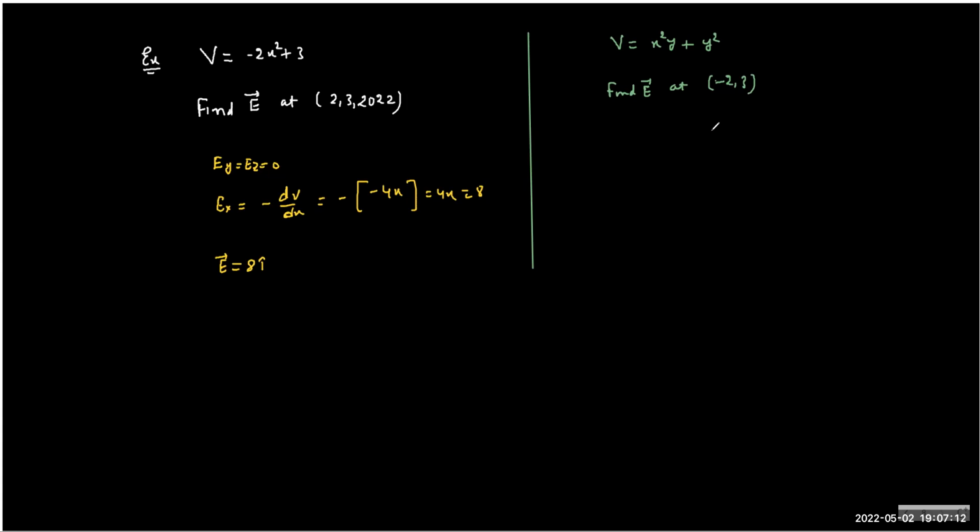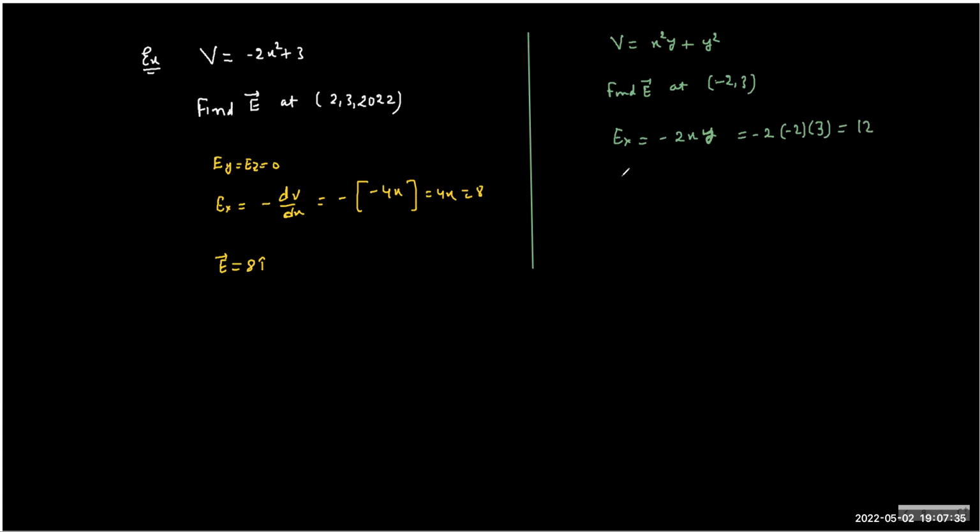So the answer is 12 i cap minus 10 j cap. First of all, we need to find Ex. How much is Ex? Minus 2xy. If I put x as -2 and y as 3, it turns out to be 12, right?